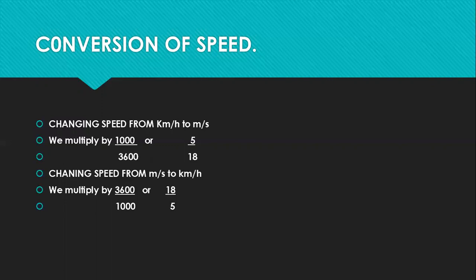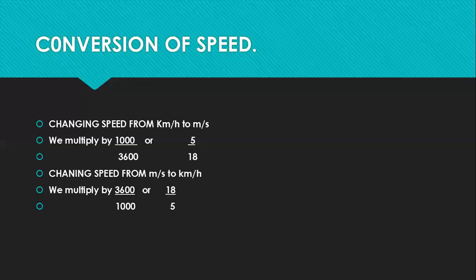Maybe just to guide you on how you should be converting without even asking more questions, just understand that when you're changing your speed, you have two constants, and those constants are 1000 and 3600. 1000 comes from 1 kilometer is equal to 1000 meters, and 3600 comes from 1 hour is equal to 3600 seconds.